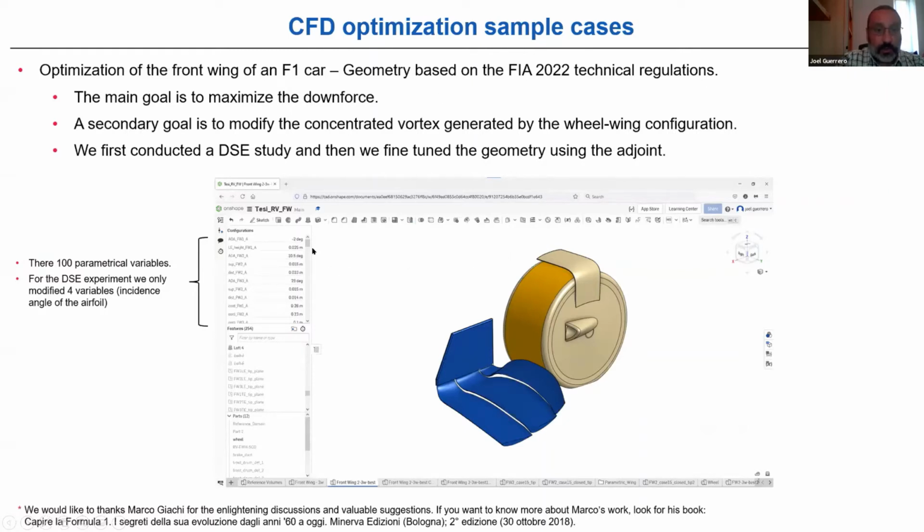As you see, we use on shape, and we have complete control of our geometry. I will show you some results that might seem strange to you, but there is some logic behind all the choices. We received a lot of support from Marco Giacchi, a leading expert in this field, who was giving us guidelines on how to do this.